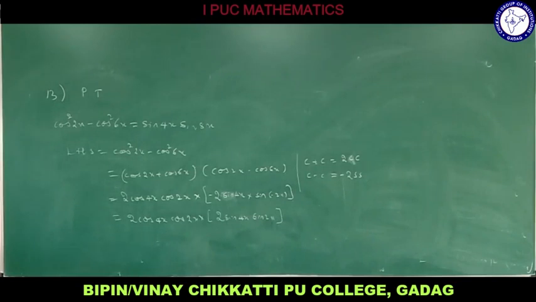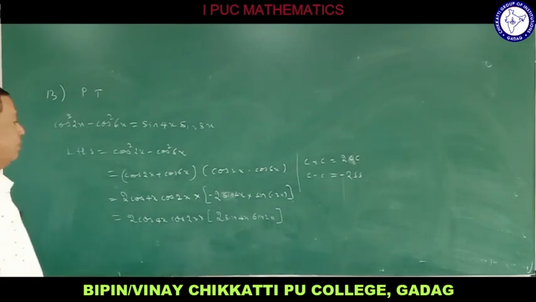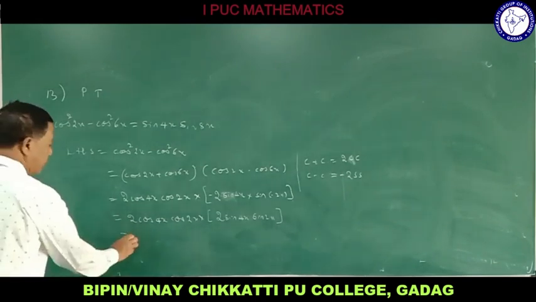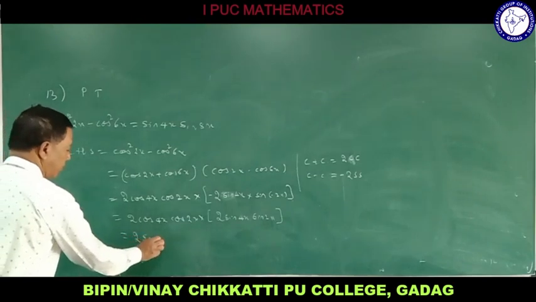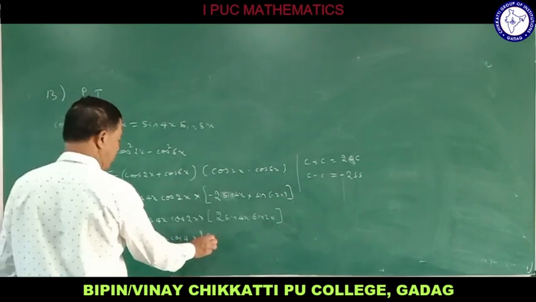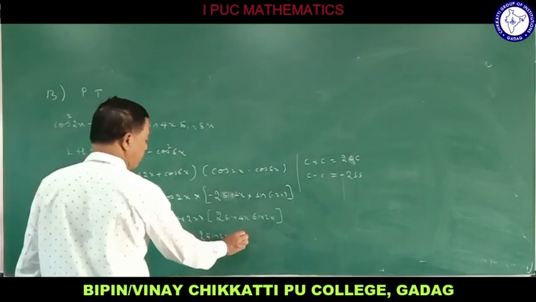Now what is the result to be proved? Sin 8x and sin 4x. Go for simplifying and see how we get the result. Once again, understand how the formula may be used. So this can be written as 2 sin 4x cos 4x into 2 sin 2x cos 2x.